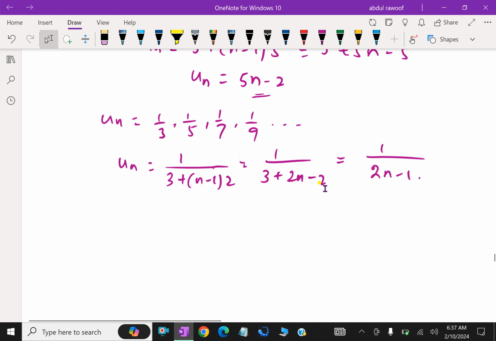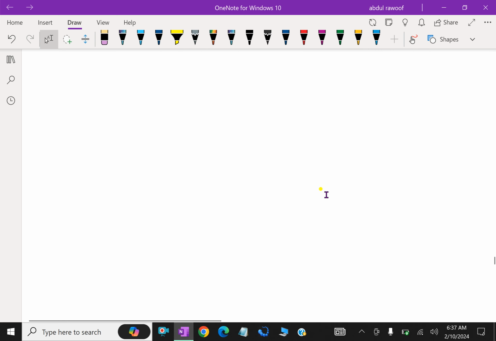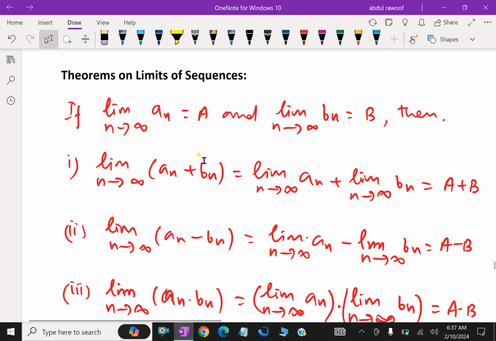Now, in further discussion, we can do some examples. Before that, theorems on limit of a sequence. Here, by using limits, we can explain the sequence. Let the limit as n tends to infinity of an equal a, and the limit of bn as n tends to infinity equal b.